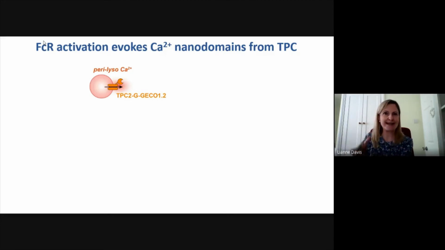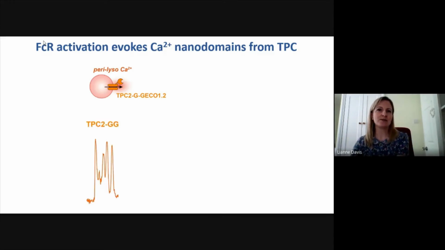To match the GECI KD to the micromolar range of the nanodomain, we used the low affinity GGECO 1.2, which I'm going to refer to from now on as GG. So FCR stimulation evoked robust TPC2 GG spiking, confirming that calcium is indeed elevated around TPC2. However, it doesn't tell us where the calcium comes from, and this required additional controls.